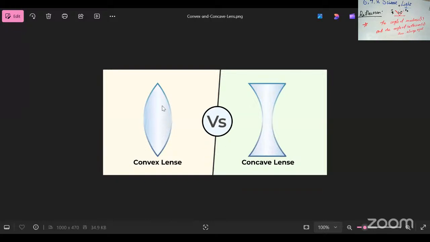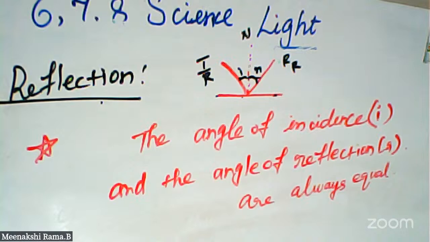Just imagine how the light passes through here, how the light is reflected. So this is the picture of convex and concave lens.